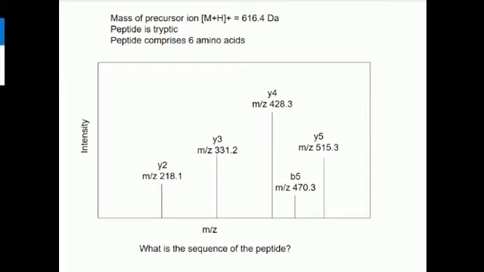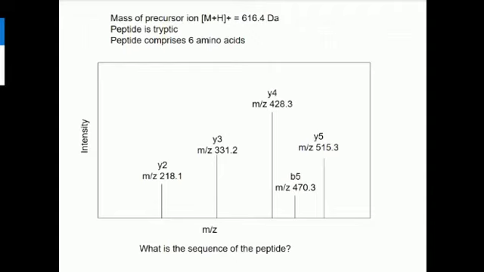Then subtract the lysine residue. Now that is the charge plus the N-terminus plus the C-terminus. And that should give you 71, which is alanine. Yeah. Did you follow that? Yeah.